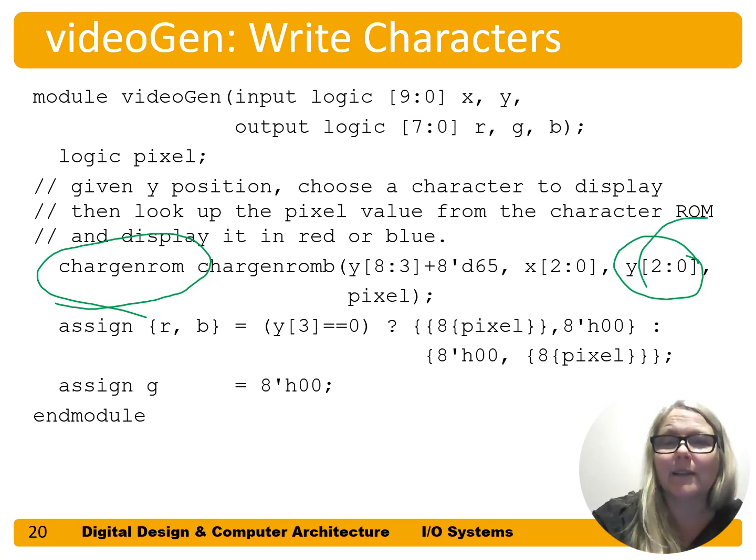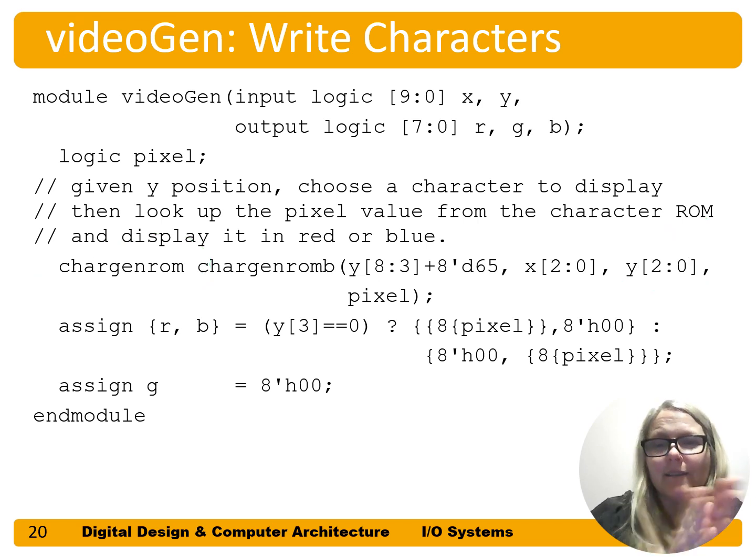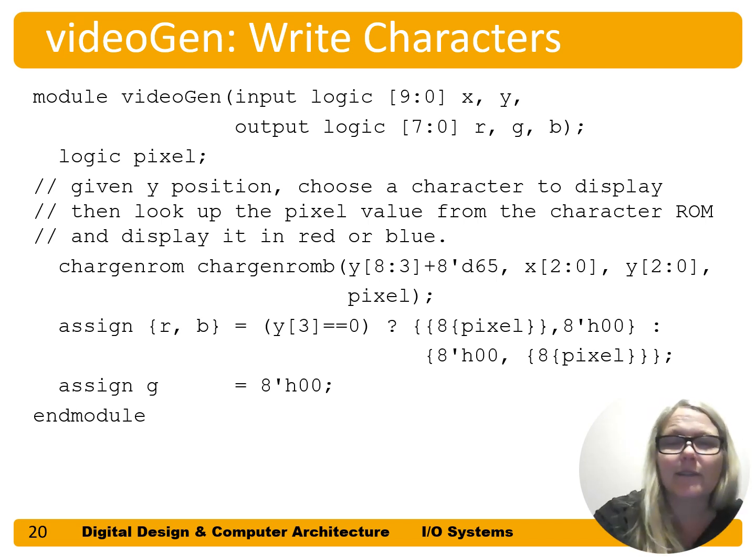This is a 3-bit signal. And so as we go across, every 8 values of Y, those bottom 3 values will repeat. So it's going to go 0, and so on, all the way up to 7 as the Y value. And then it's going to go 8.